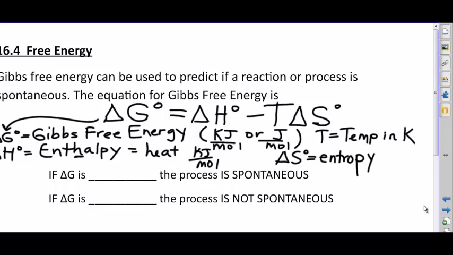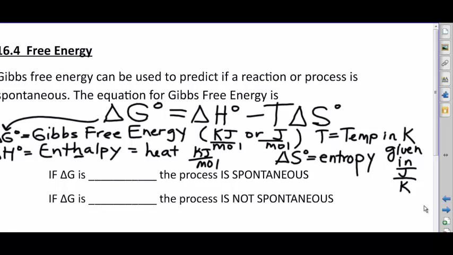And unfortunately, they will give it to you in joules per Kelvin. So they're going to give you the delta H in kilojoules and the delta S in joules. And so you're going to have to convert one.